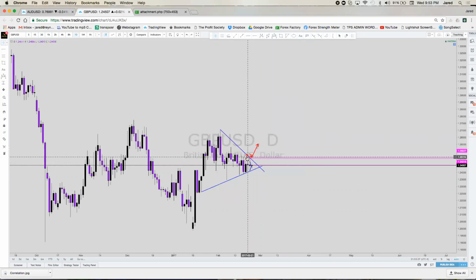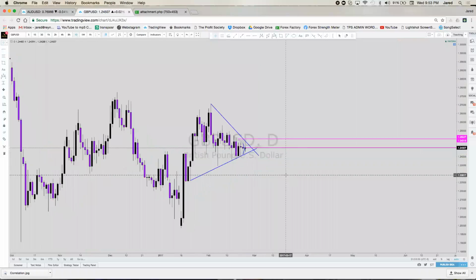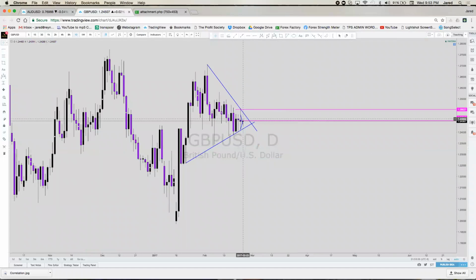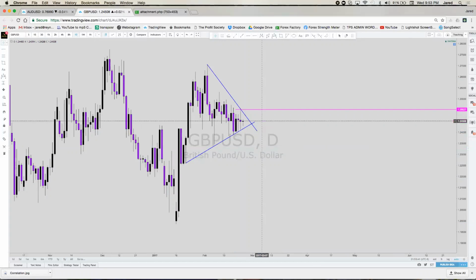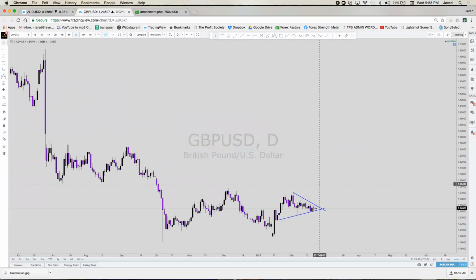So if you can be patient, you'll save yourself a lot of money and have no worries about the direction. When it comes out of this, it's going to pop. Pop. Clearing this up for myself. Boom. Daily breakout. Trade it.